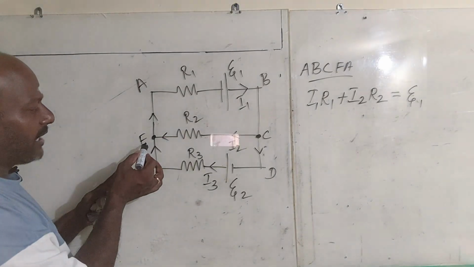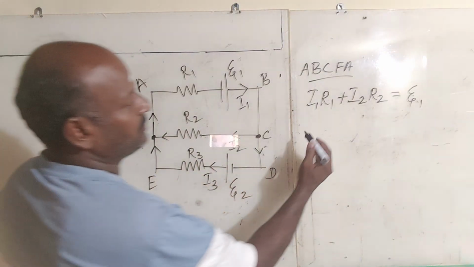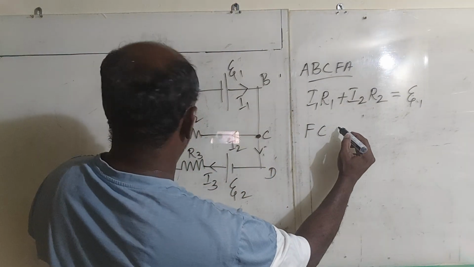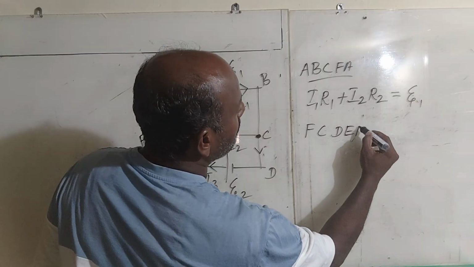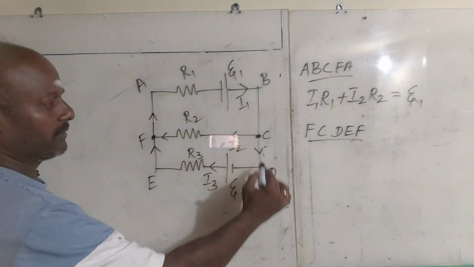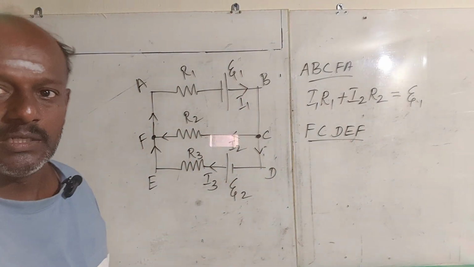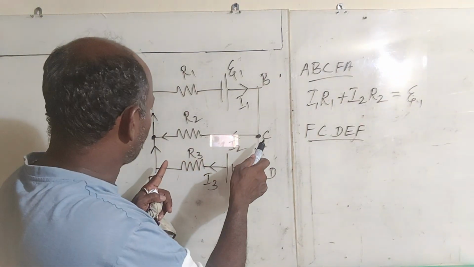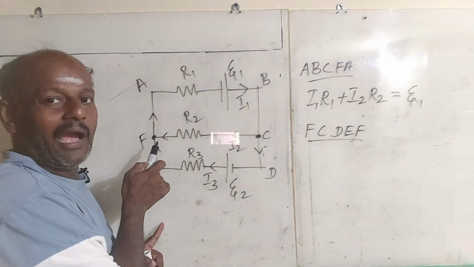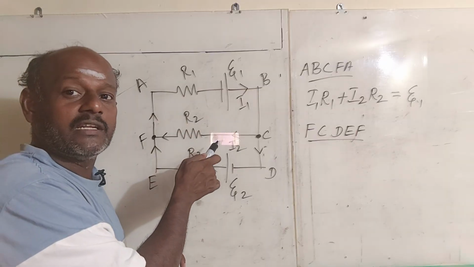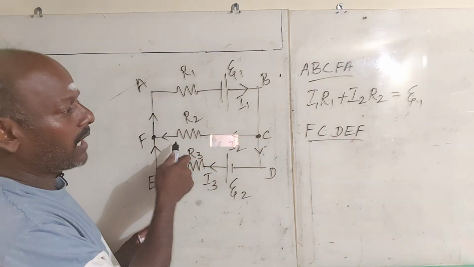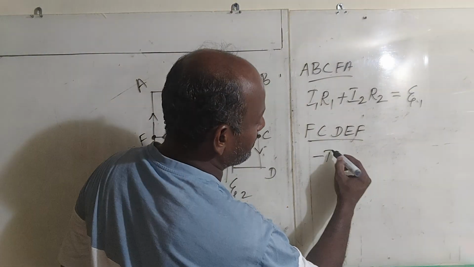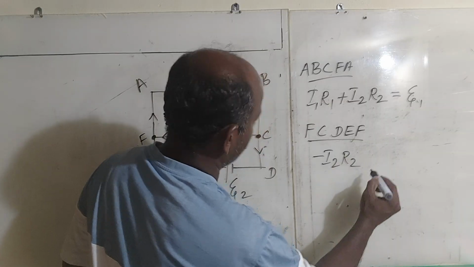Similarly, suppose I am taking another closed circuit, that is F, C, D, E, F. In this closed circuit, the rule is the same. If I am moving from F to C, I am moving against the direction of the current. So I2 R2 must be taken as negative, minus I2 R2.